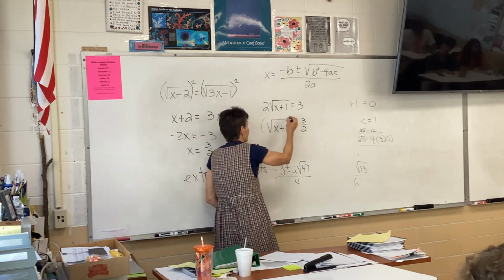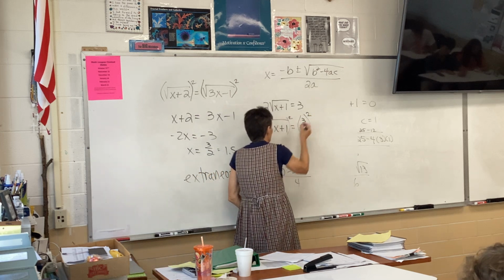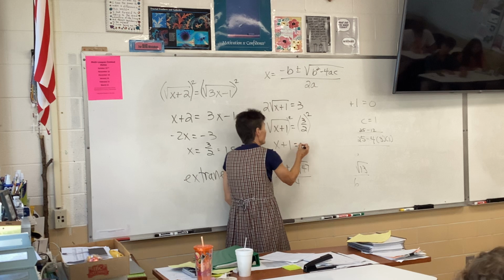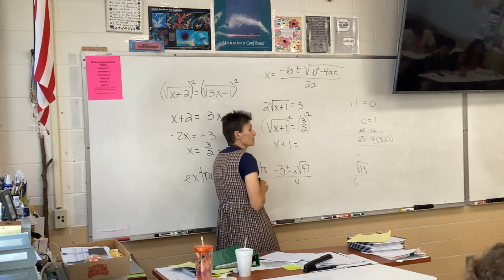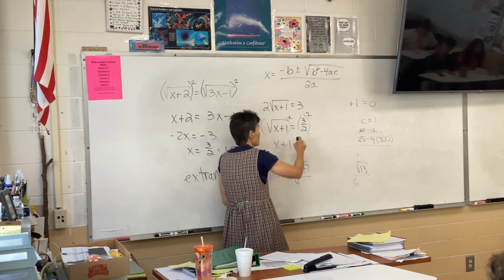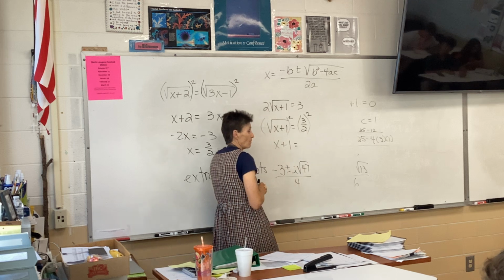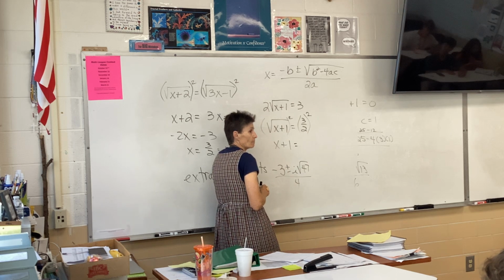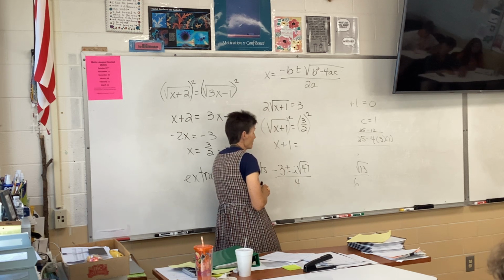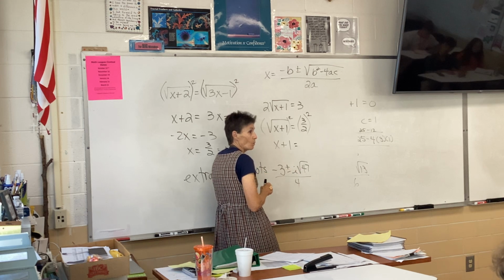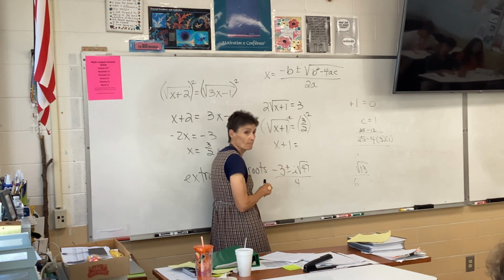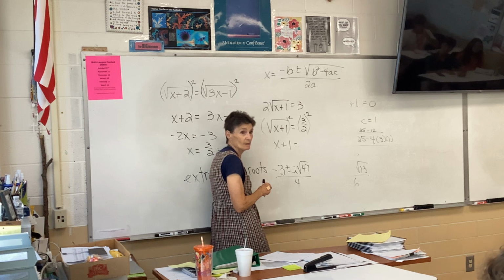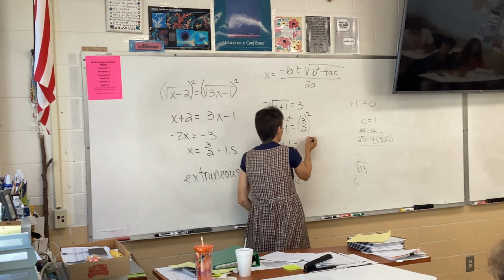Square it. So x plus 1 will equal what? What happens when you square a fraction? Cliff's making a face. It's easy, Cliff. When we square a fraction, we square the top and square the bottom. So this is just going to be 9 over 4.